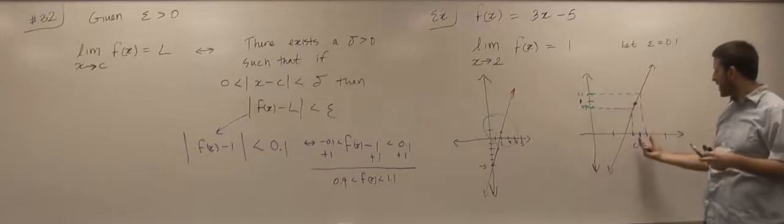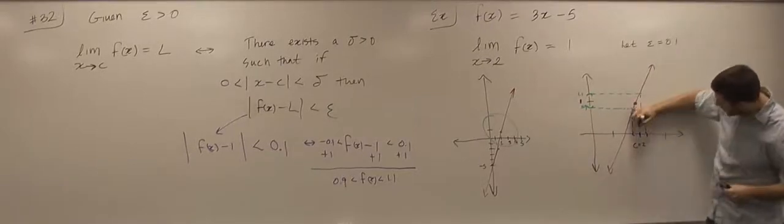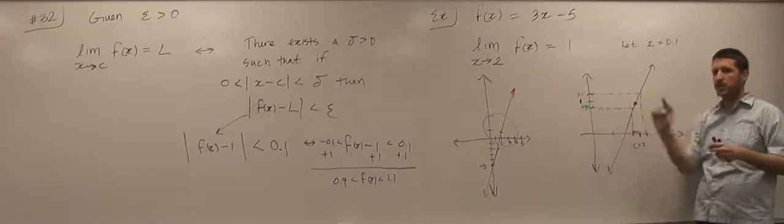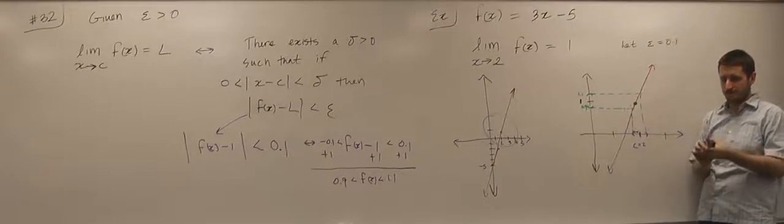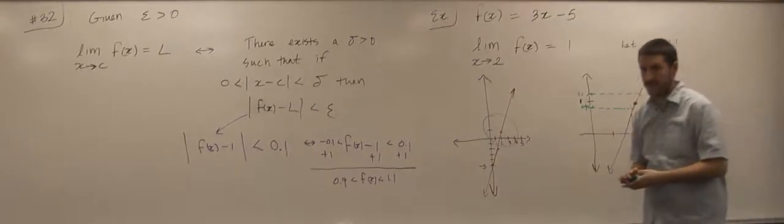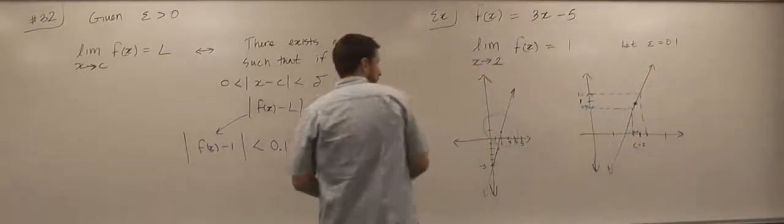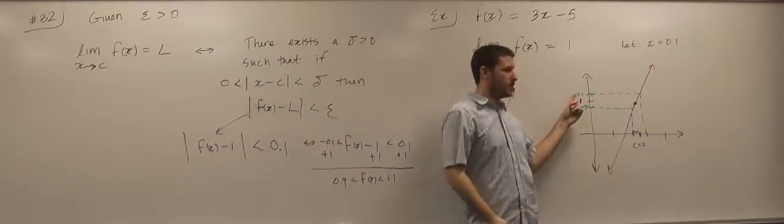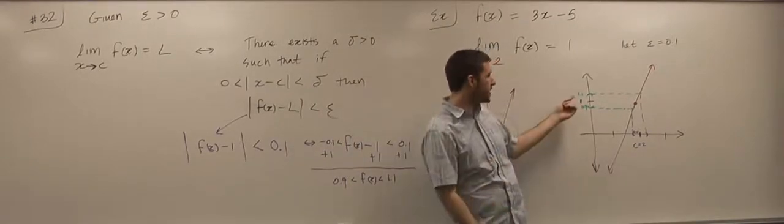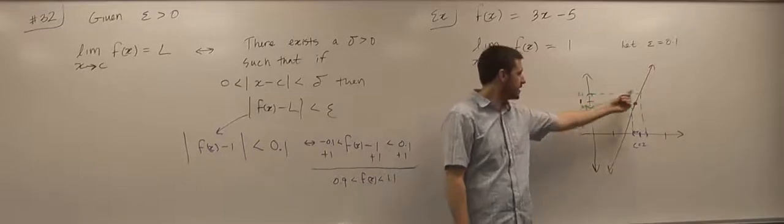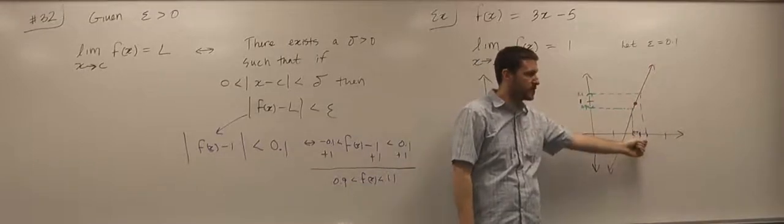So in this particular case, how do you figure out this tolerance here? How do you figure out how far you can go from 2 before you're outside of this green range? Replace that value in x in the actual function. Yeah, this is a y value. So set your function equal to 1.1 and see what the corresponding x value is.